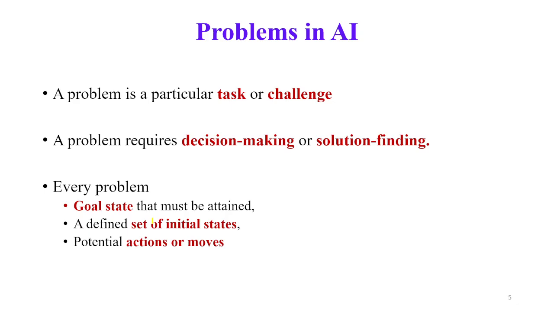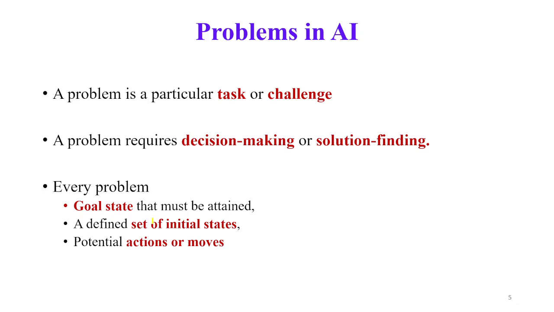First is the goal state, second, a set of initial states, and third, the potential actions or moves. So, what is a goal state? A desired outcome that we are trying to reach or that must be attained.